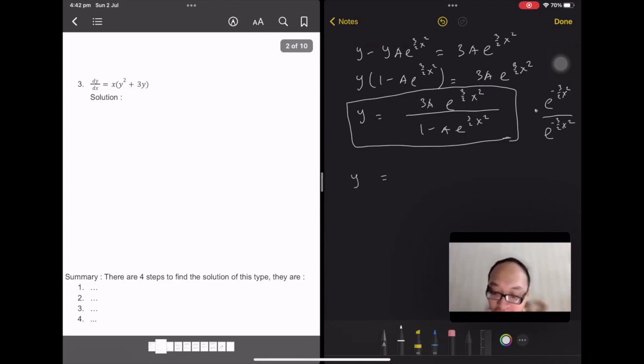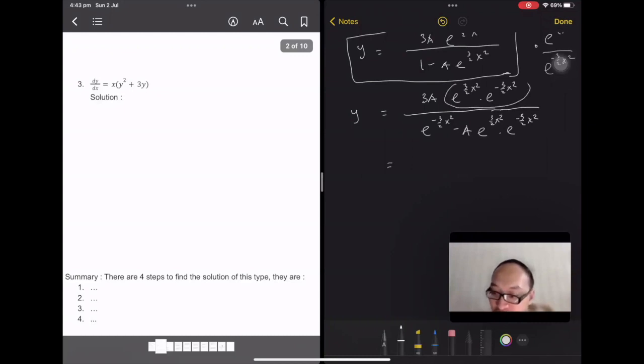So we have 3a times e^(3 over 2 x squared) times e^(negative 3 over 2 x squared), which equals 1, over the bottom one, which is e^(negative 3 over 2 x squared) minus a times e^(3 over 2 x squared) times e^(negative 3 over 2 x squared).